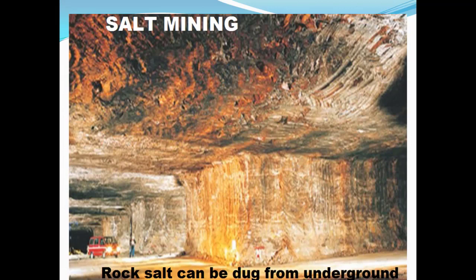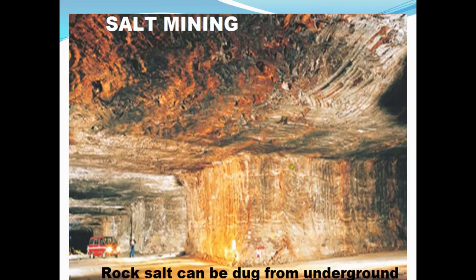The underground caverns do not cave in if pillars of rock salt are left in place, and hence just by digging the rock we can find and get the salt from underground. That salt, even though it is not pure salt, we can get from the rock.